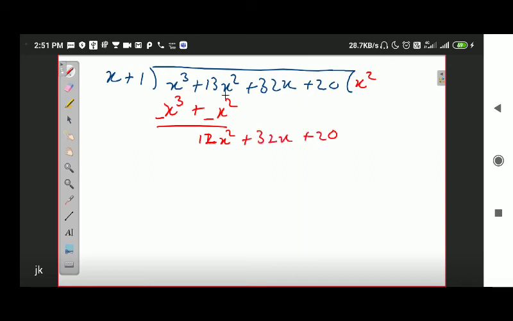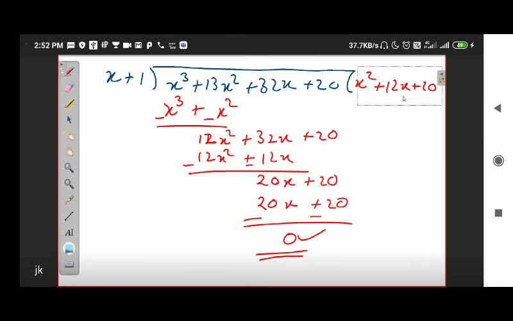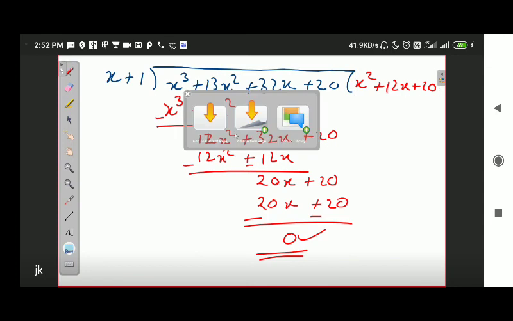After this, plus 12x, 12x square plus 12x, change the sign, you will get 20x plus 20, and finally 20x plus 20, and change the sign, you will get remainder 0. As I told you earlier, the remainder was going to be 0. We were quite clear about it. But what we were interested in was this quotient. So now we are going to take this quotient to the next page and we are going to factorize it.